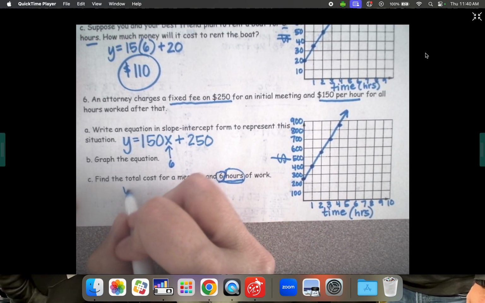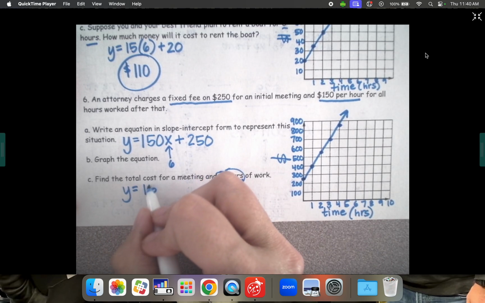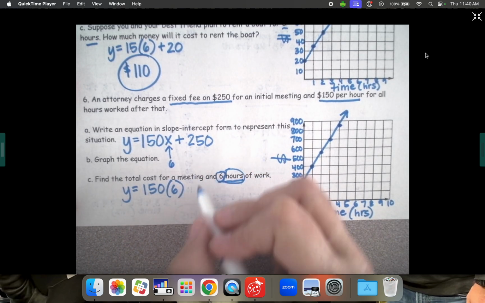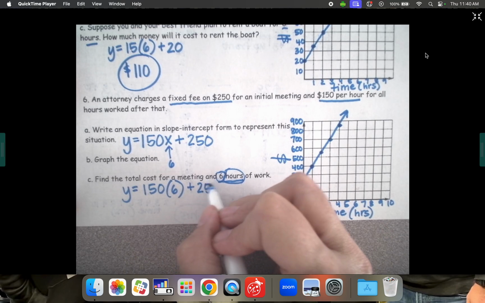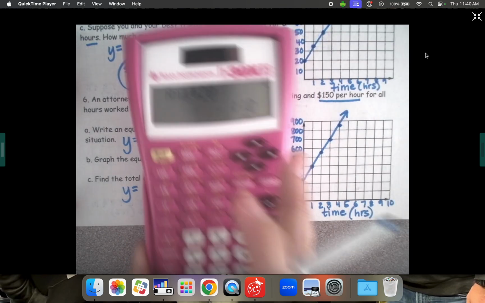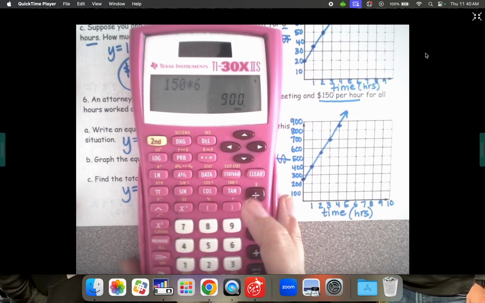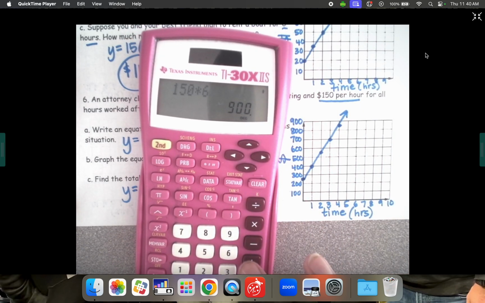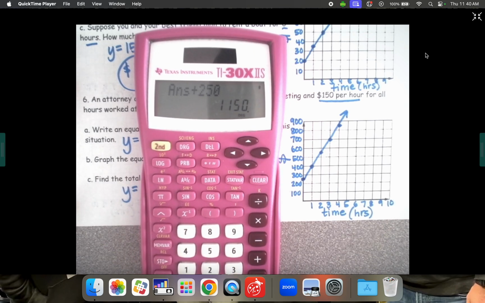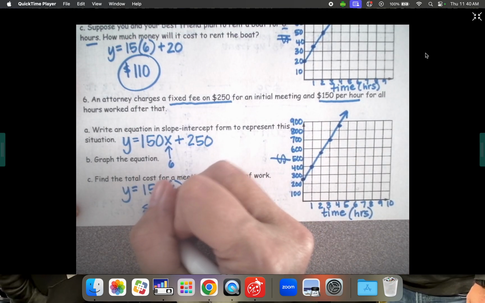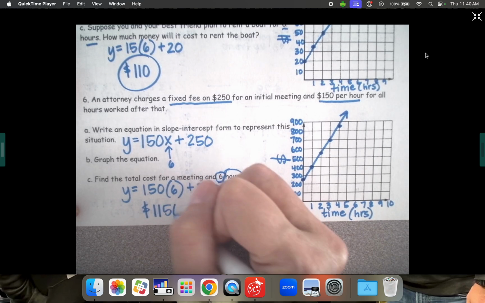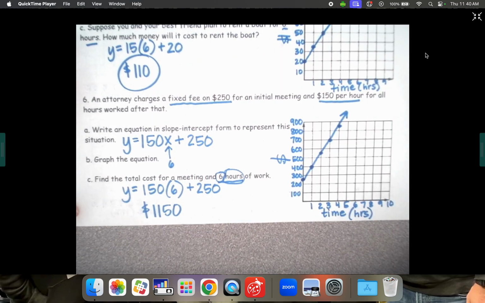So we're going to take 150 times 6 plus the $250 upfront fee. All right, so 150 times 6 is 900, plus you've got the $250 upfront, which is $1,150 for just 6 hours worth of work.